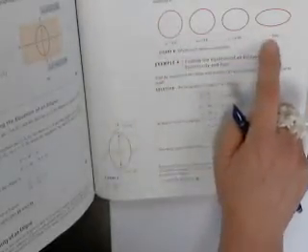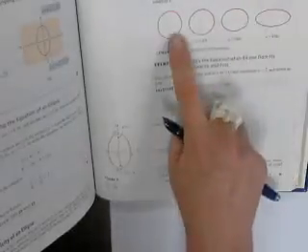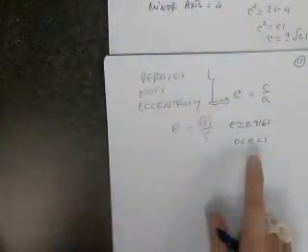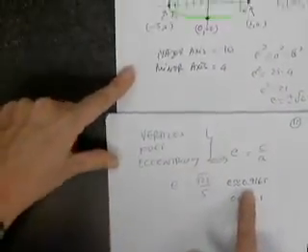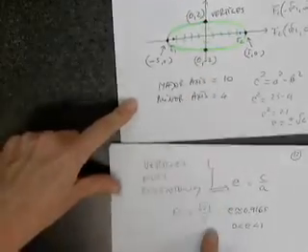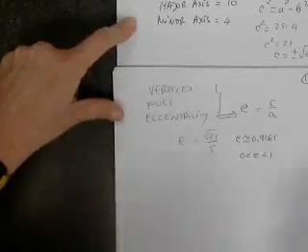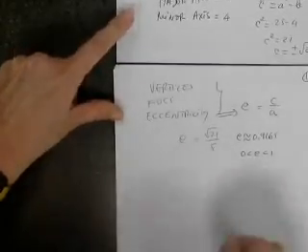The higher the eccentricity, the further away from a circle the ellipse is. This is a high eccentricity. As you see, this is far from being a circle. Okay.